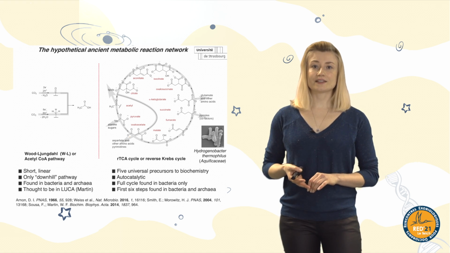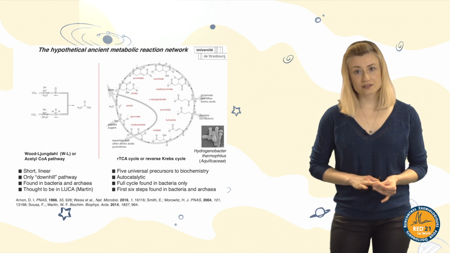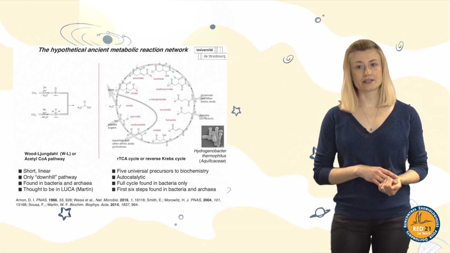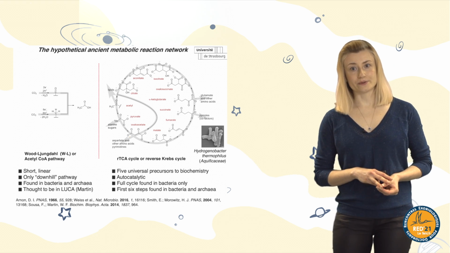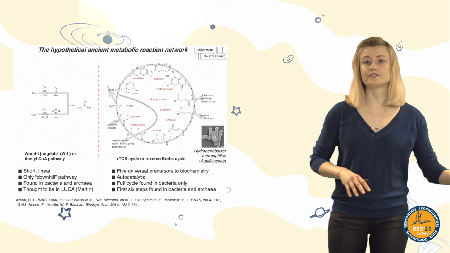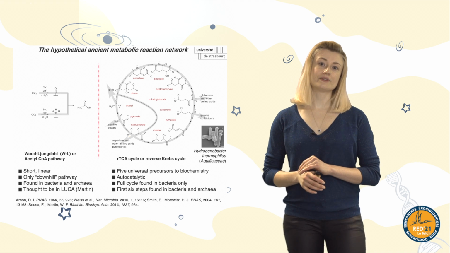So acetate can give rise to, for example, fatty acids. Oxaloacetate can give rise to amino acids, and also it is used as a substrate eventually for the synthesis of ribonucleotides and other molecules.